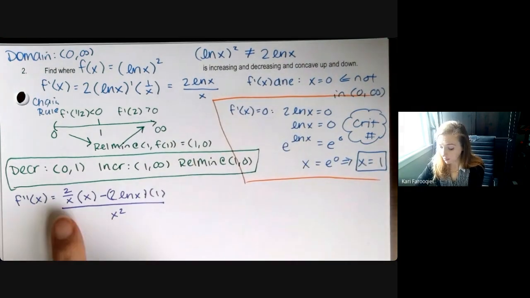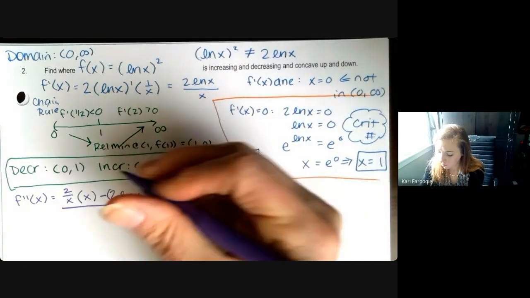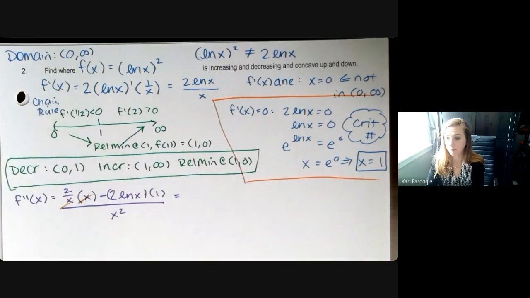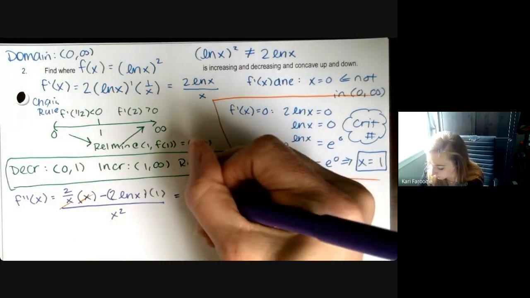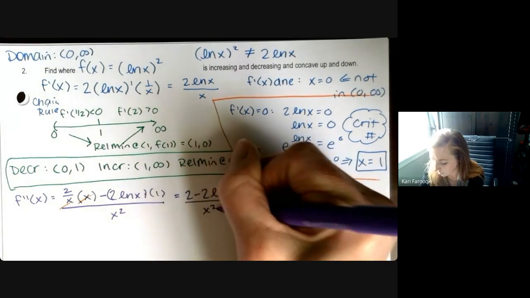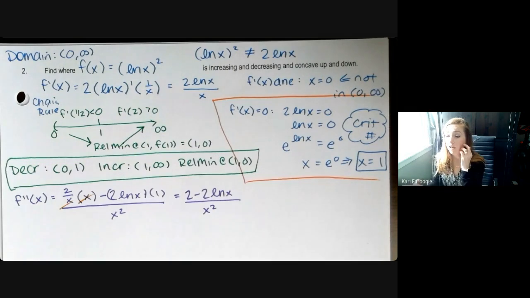The nice thing about this is even if you were like, I'm going to have a complex fraction, those two x's are going to cancel. And now we just have 2 minus 2 ln x over x squared. Now, again, the second derivative is never going to not exist because we can't have a value of x equals 0.